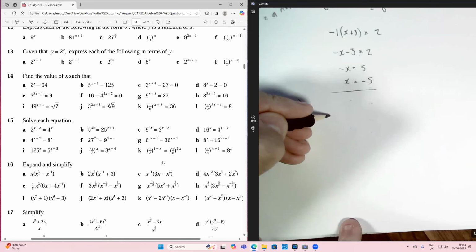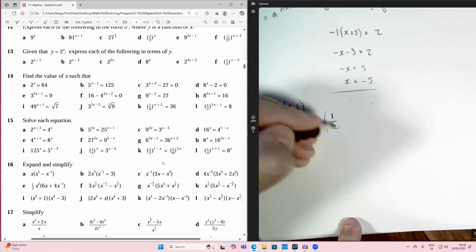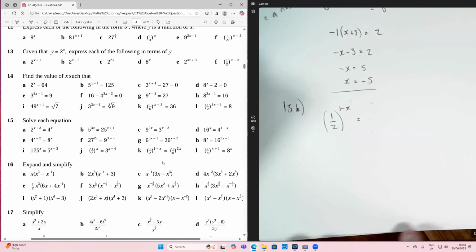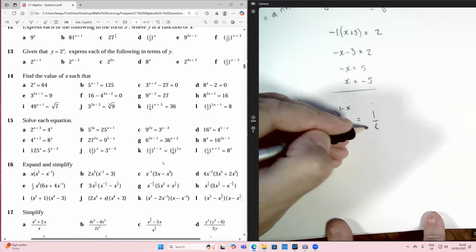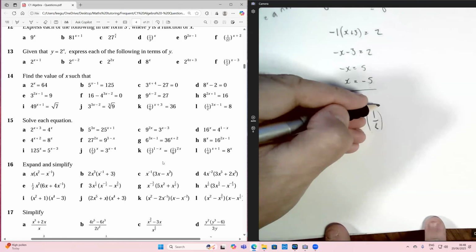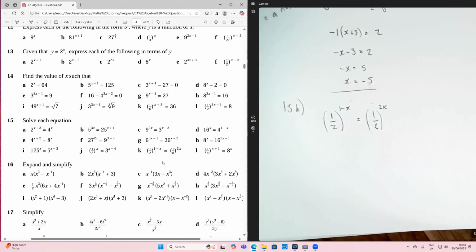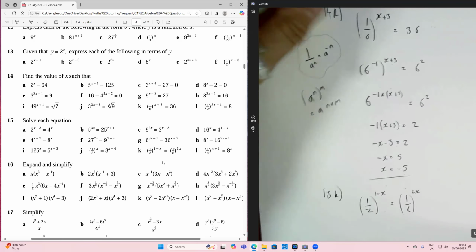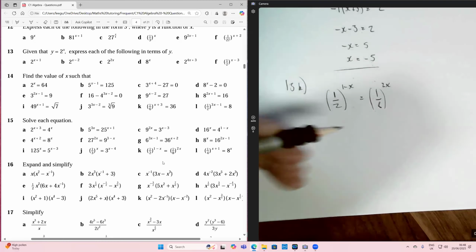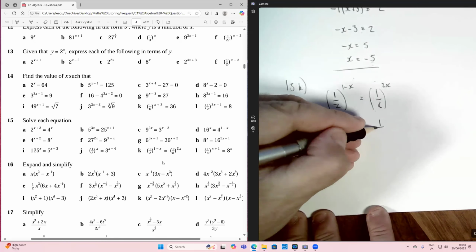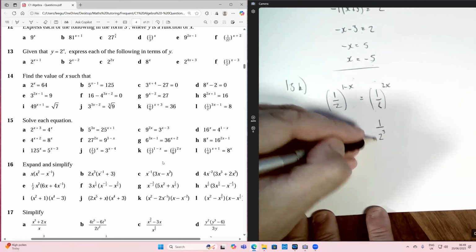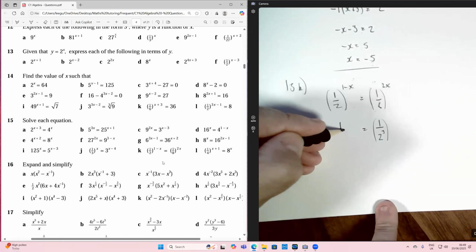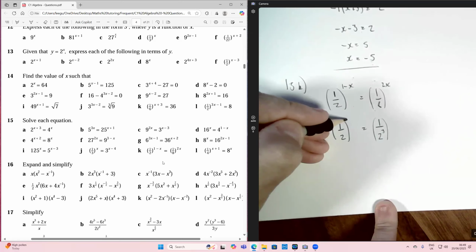So we have a half to the power of 1 minus x is equal to an eighth to the power of 2x. So the first thing I'm going to do is use the law of indices here to represent these both as powers. Well, actually, no, even before that, I'm going to think of 1/8 as 1 over 2 cubed, because 8 is a cube number, I can see that 2 is the base power that I'm going to be aiming for in this case.